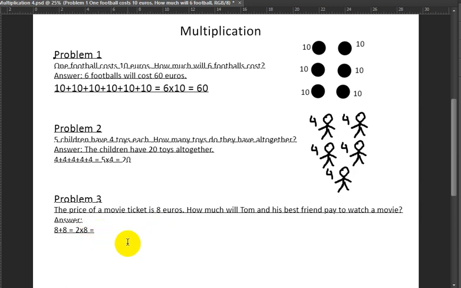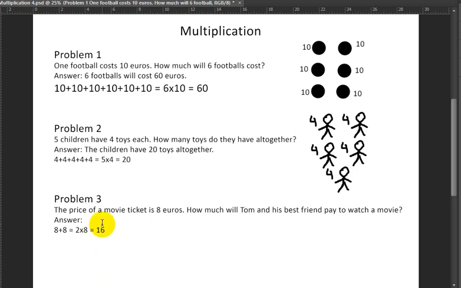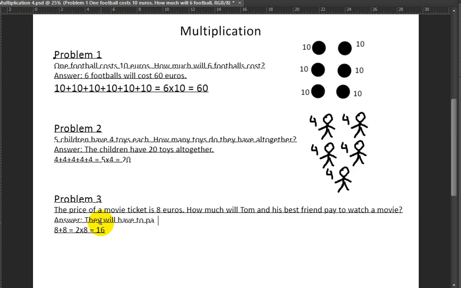Now this, you didn't really have to write it as a multiplication, but you could. And we've said here that when we multiply a number by 2, then we just find the double of that number, so 8 plus 8. And 8 plus 8, we should remember, is 16. So my answer is they will have to pay €16.